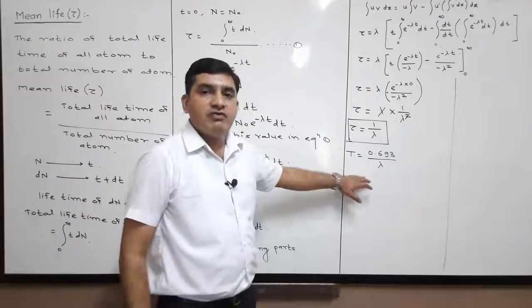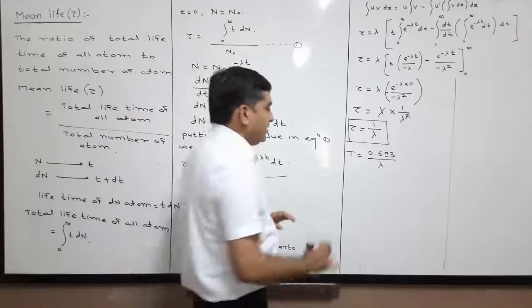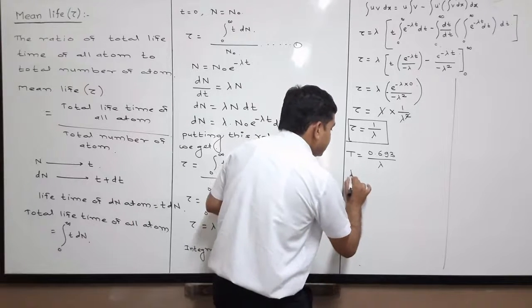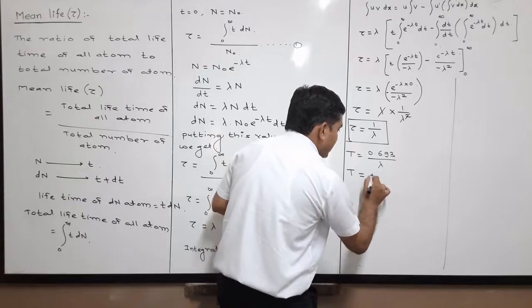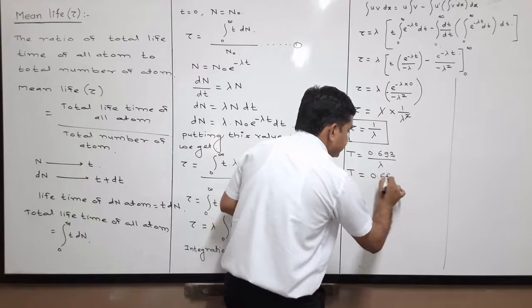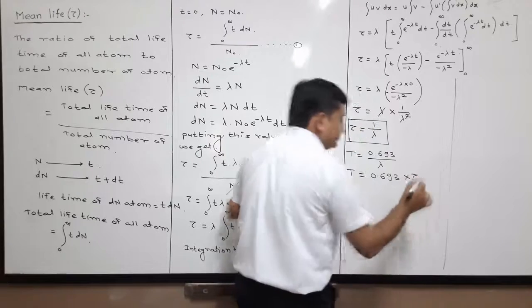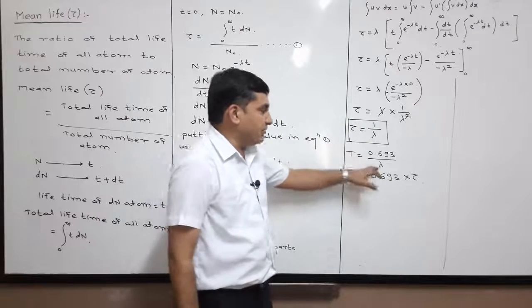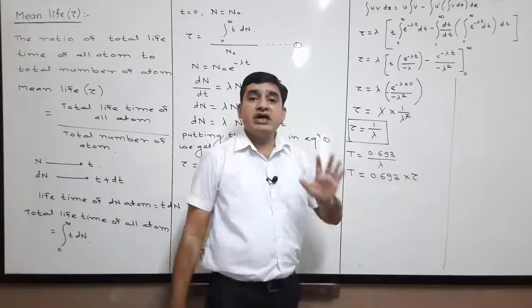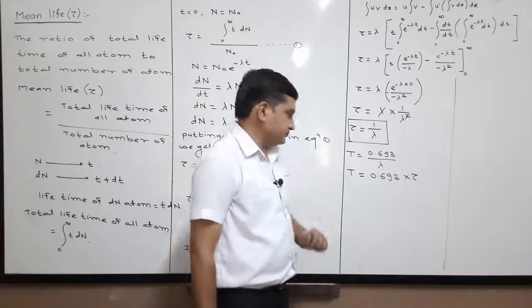This is the formula for half life, and therefore we can say that t is equal to 0.693 into tau. 1 upon lambda is tau, that is the mean life.